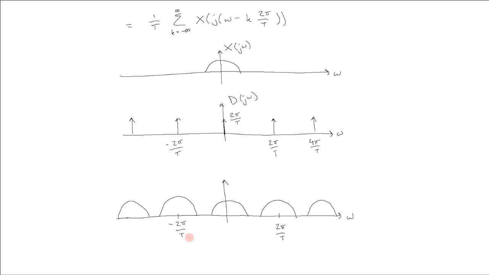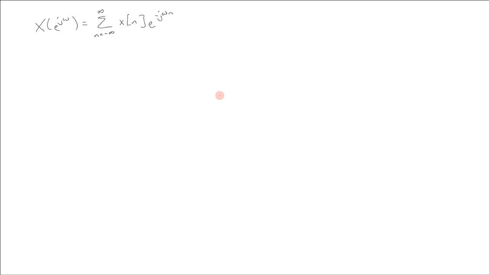And again, without loss of generality, we can take capital T to be equal to 1, and therefore we see that we have this 2π periodicity if we take the Fourier transform of x_s, which is equal to our X(e^{jω}), as we showed before. So this is just, again, another way to show why we get a resulting periodicity from the discretization of our time domain signal. The last thing I want to talk about is the intuition behind the discrete time Fourier transform.